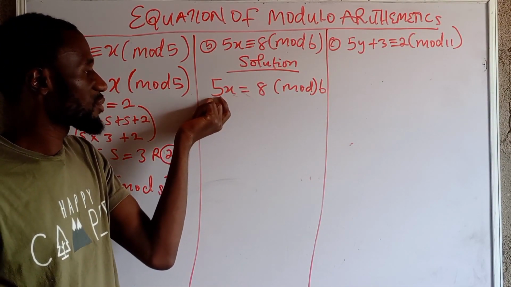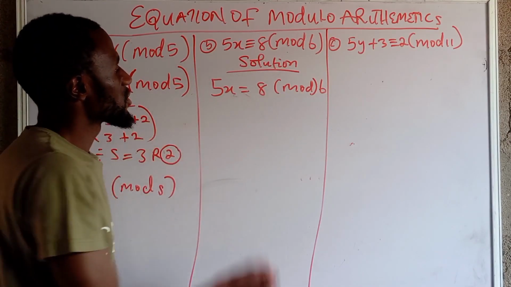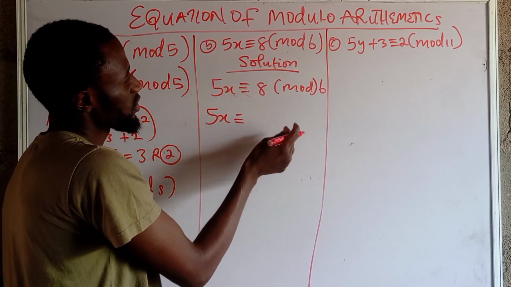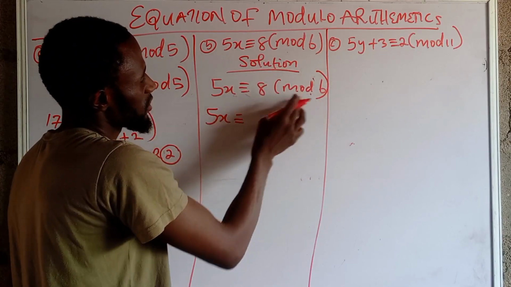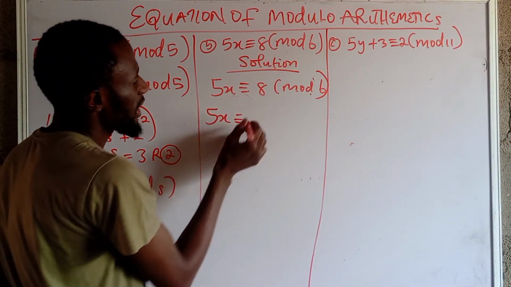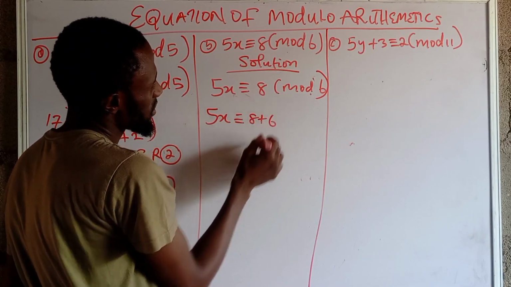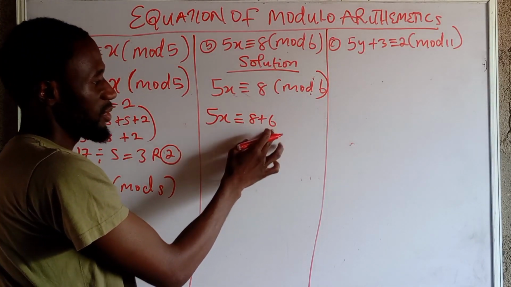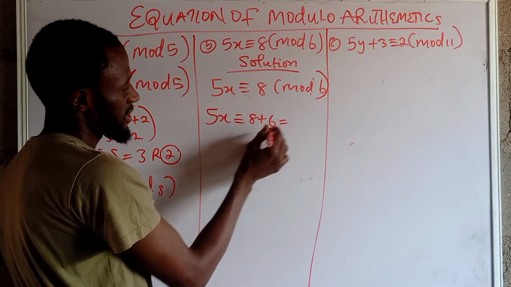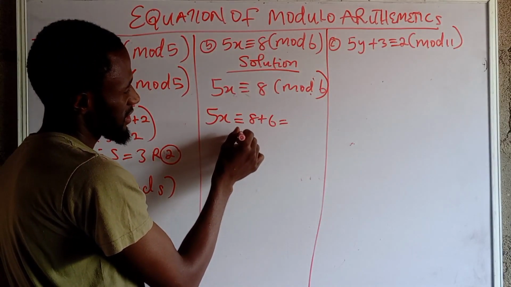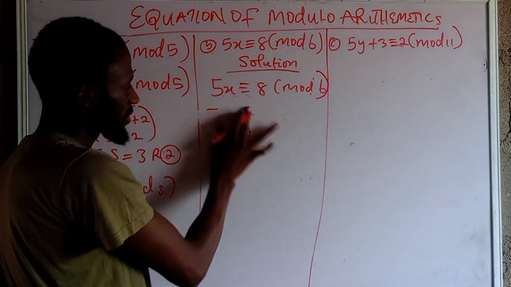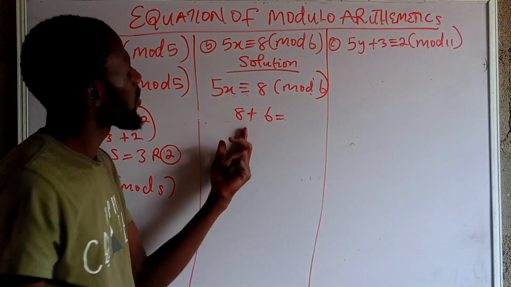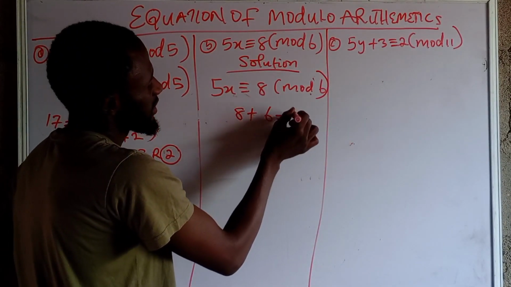Since 8 is not such a number, we add 6 to 8. Adding 8 plus 6, we get 14.